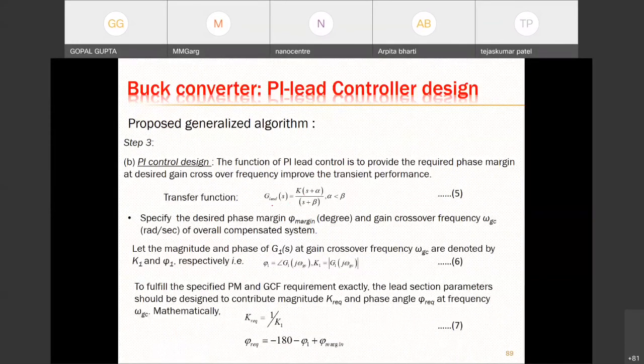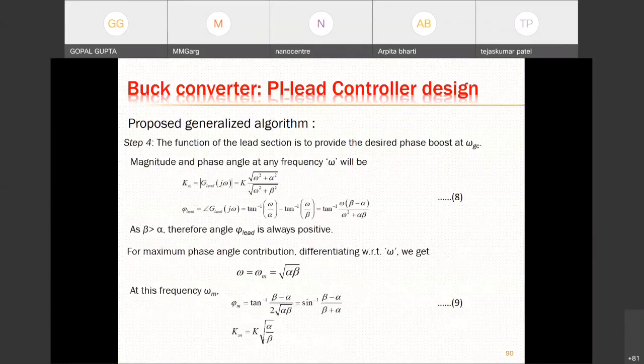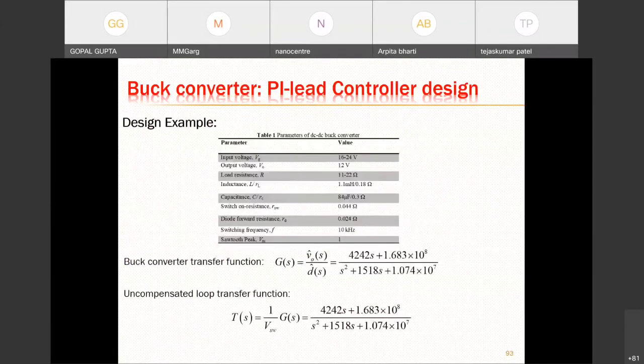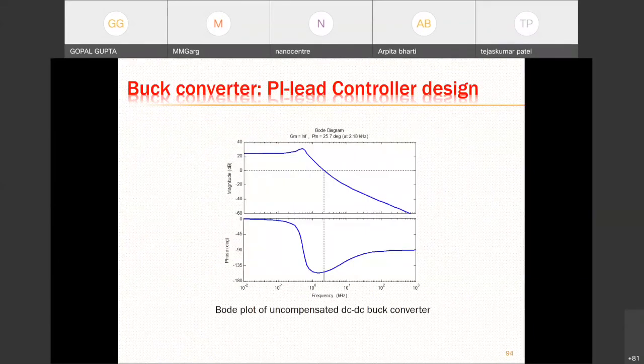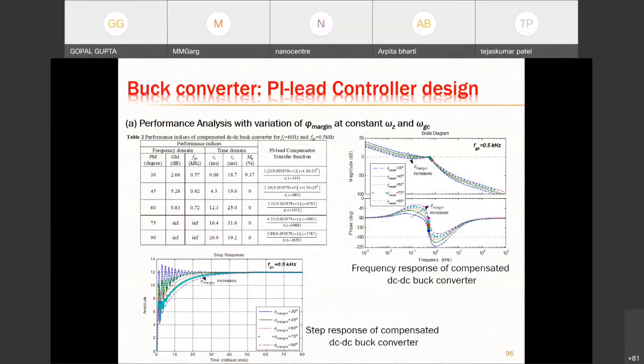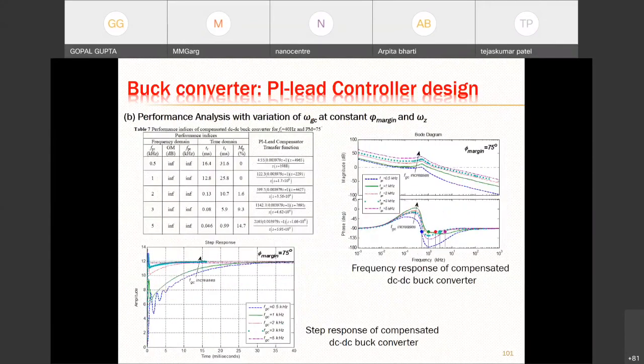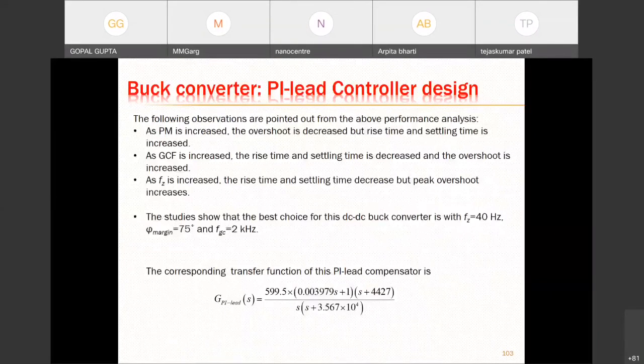In short, it is the PI lead controller that is proposed in one of my papers. In that controller, these things are taken care of. There are two parts. One is the PI part, which takes care of the low frequency gain.